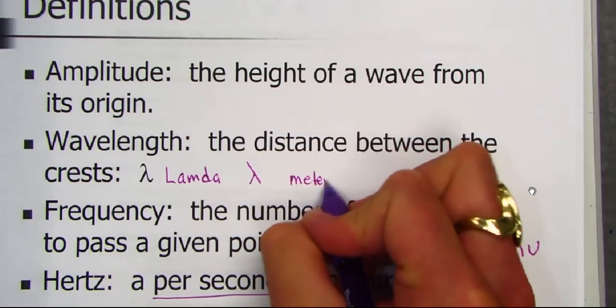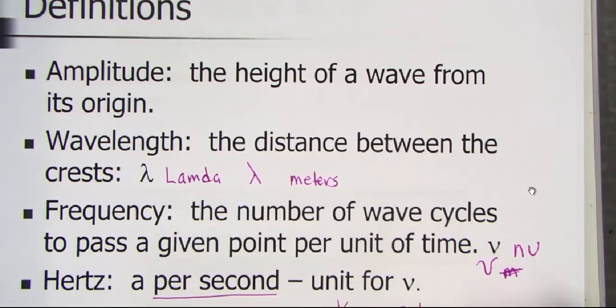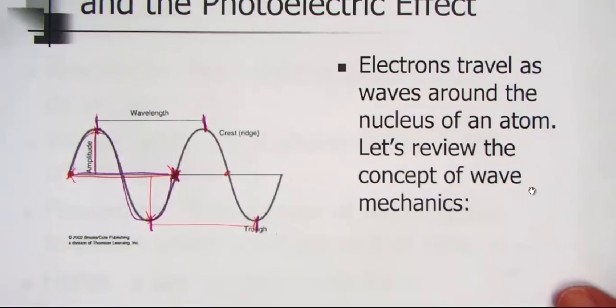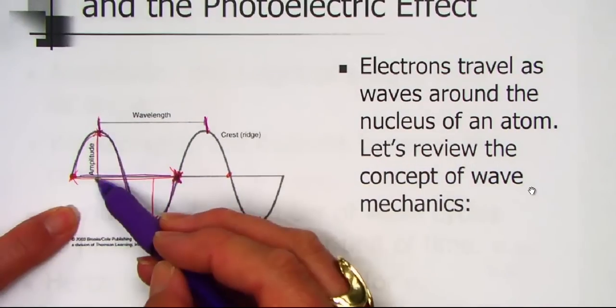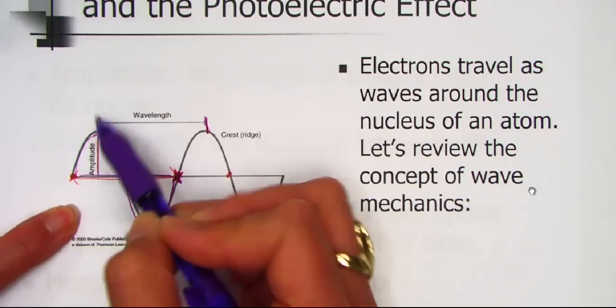Wavelengths are typically measured in distance in the term meters. Frequency is measured in per seconds, or a hertz. And a hertz is given the abbreviation Hz, capital H, small z. So placing this back on, the amplitude is the distance from the origin to the top of the crest.